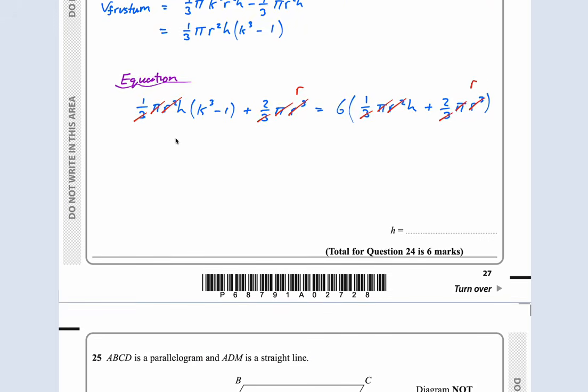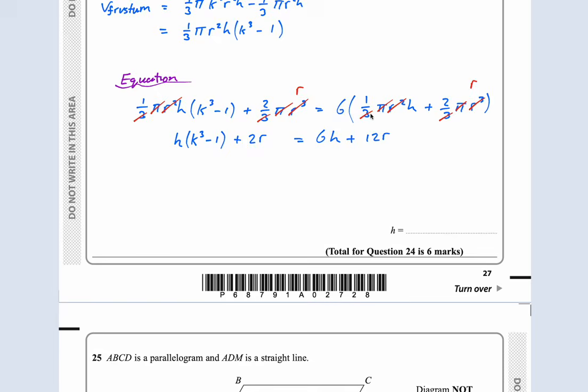So h into k cubed minus 1 plus 2r equals 6h plus 12r. Okay, now nearly done.